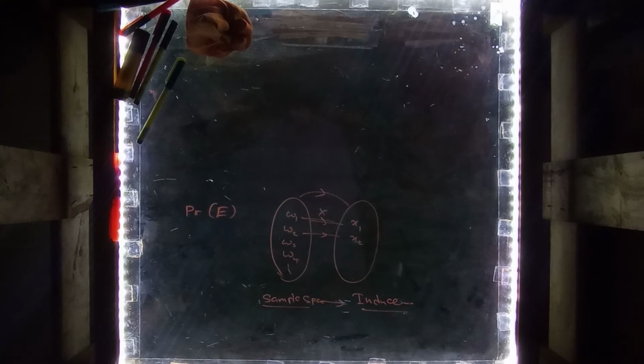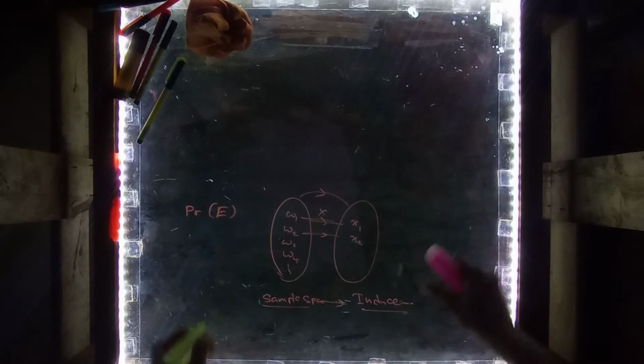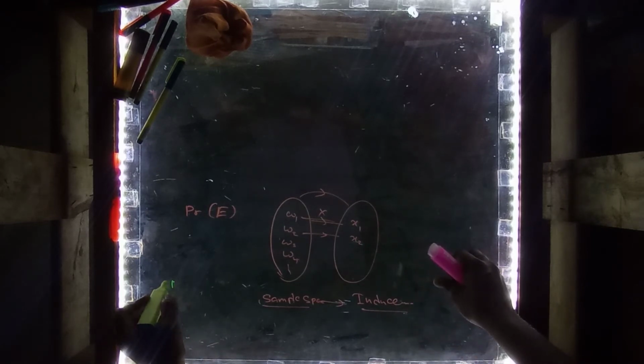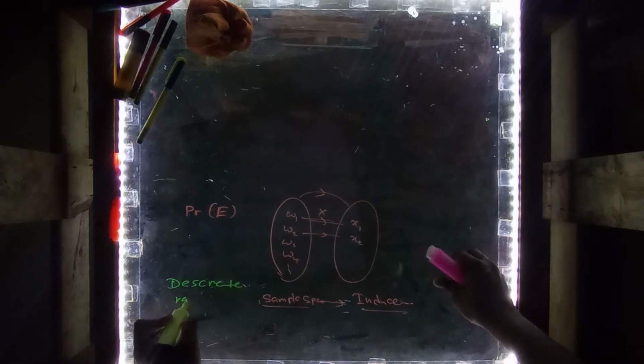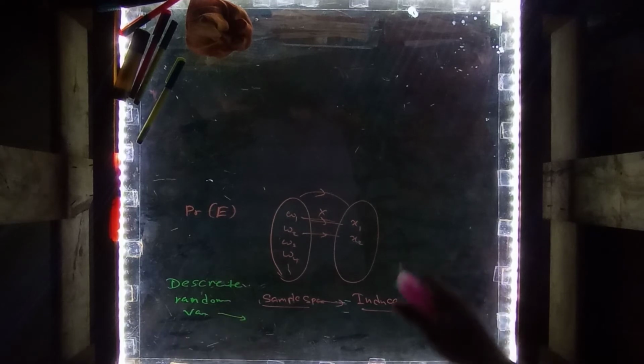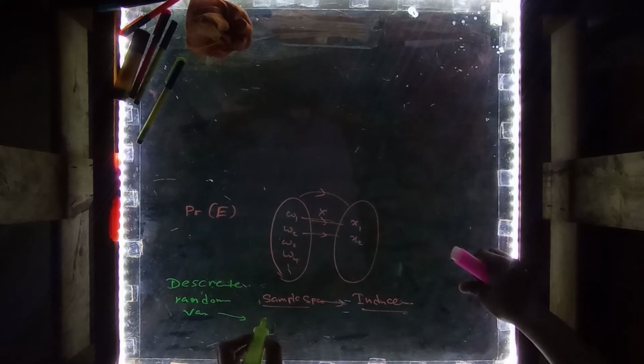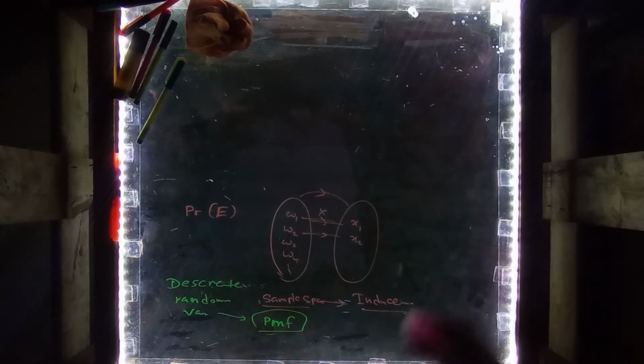Once we base it on discrete random variables, we call these types of probability distributions probability mass functions, PMF, right?